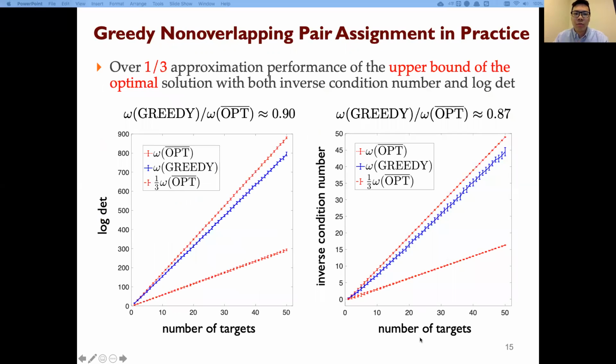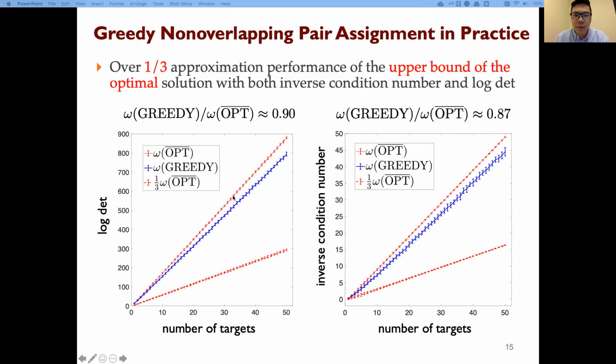We also verify the approximation performance of our greedy pair assignment. Since our assignment problem is a bit hard with combinatorial complexity, computing the optimal solution by exhaustive search takes a lot of time and is even impossible for a large number of sensors or a large number of targets. So we relax problem 2 and find an upper bound on the optimal value in polynomial time.